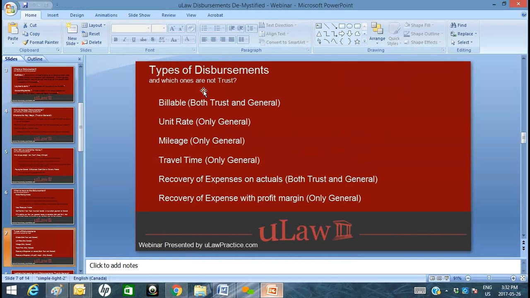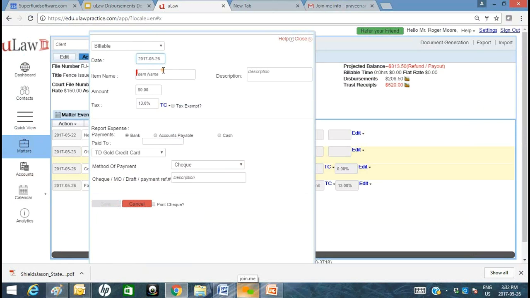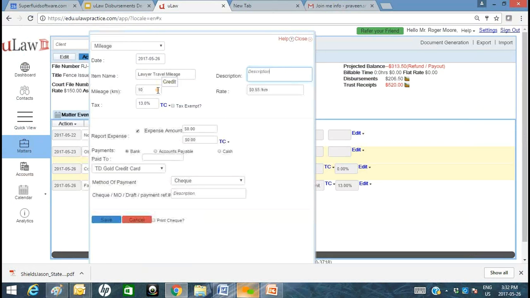The next example we want to look at is mileage, coming out of your general account as well. Same concept. Paying it from general. Travel mileage. The different components that define that disbursement is what's important, and that's what we're trying to drive home.